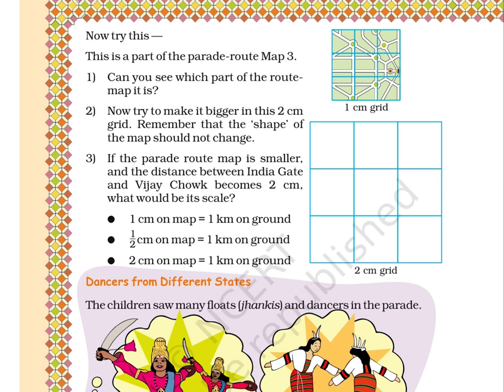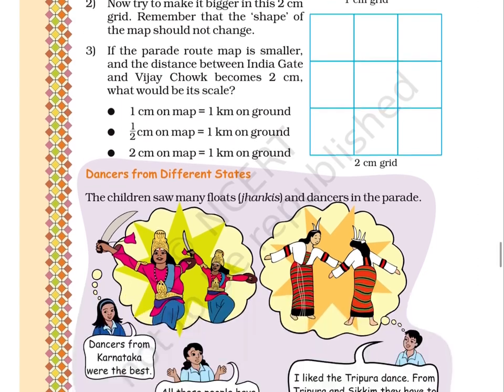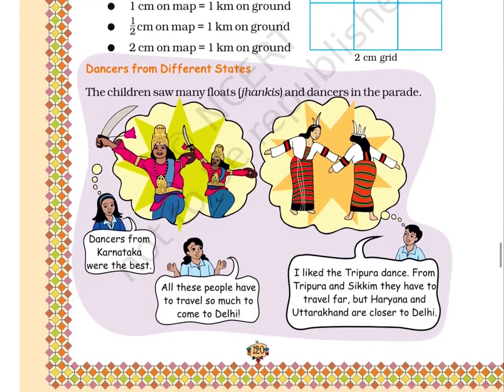Dancers from different states. The children saw many floats, that is, jhankis, and dancers in the parade. A girl is telling, dancers from Karnataka were the best, and she remembers their attire and their glorious dance. A boy is telling us, I liked the Tripura dance.